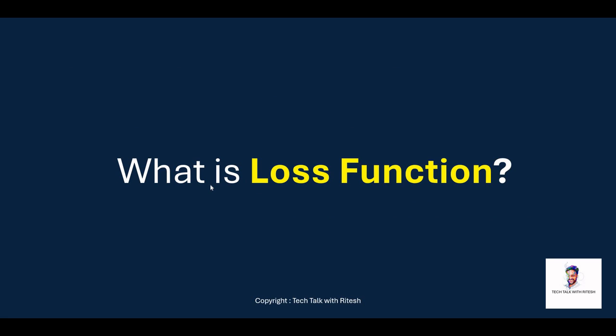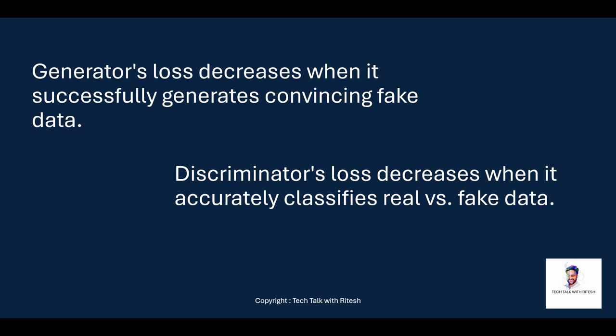Okay, let's see this term called loss function. What is loss function? The generator's loss decreases when it successfully generates convincing fake data. The discriminator's loss decreases when it accurately classifies real versus fake data. So loss should decrease, right?